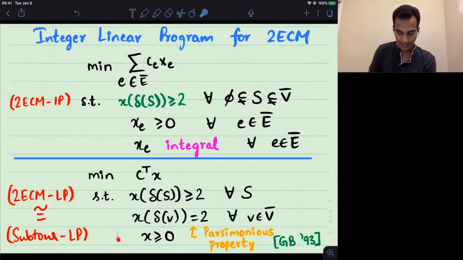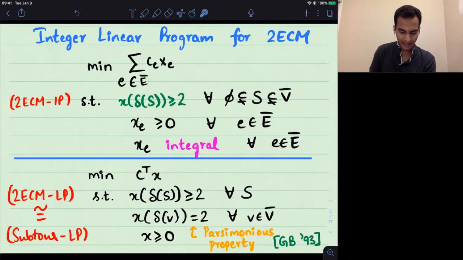Here's the linear relaxation for this problem. Observe that we also have additional constraints which say that the fractional degree should be exactly 2. We can add such constraints without increasing the LP value thanks to the parsimonious property due to Goemans and Bertsimas.